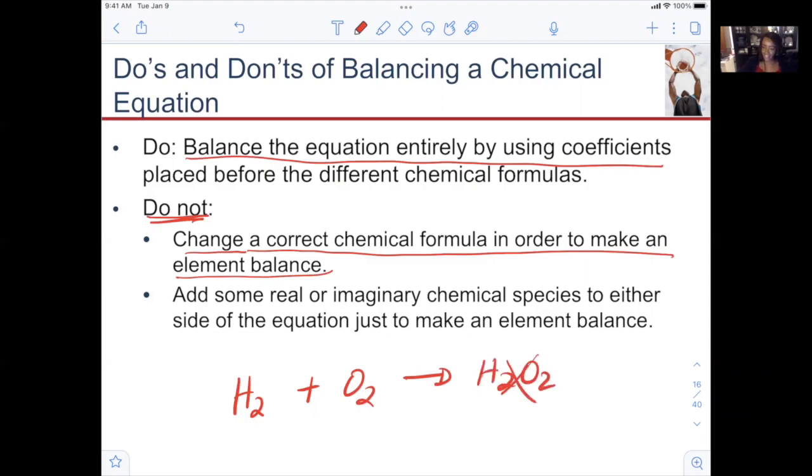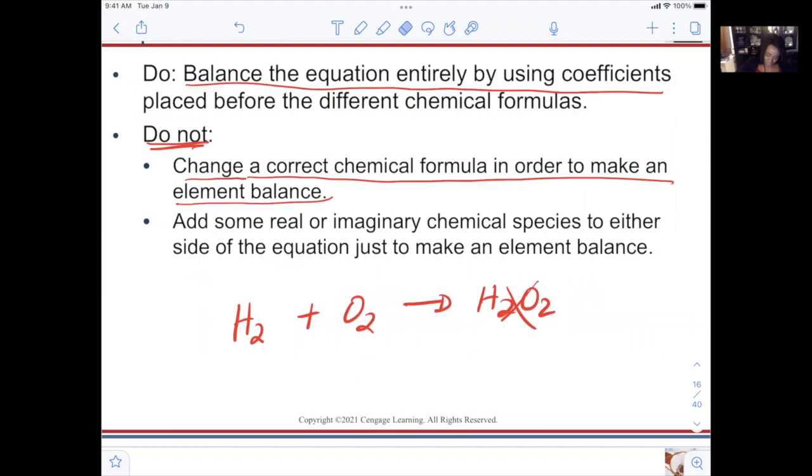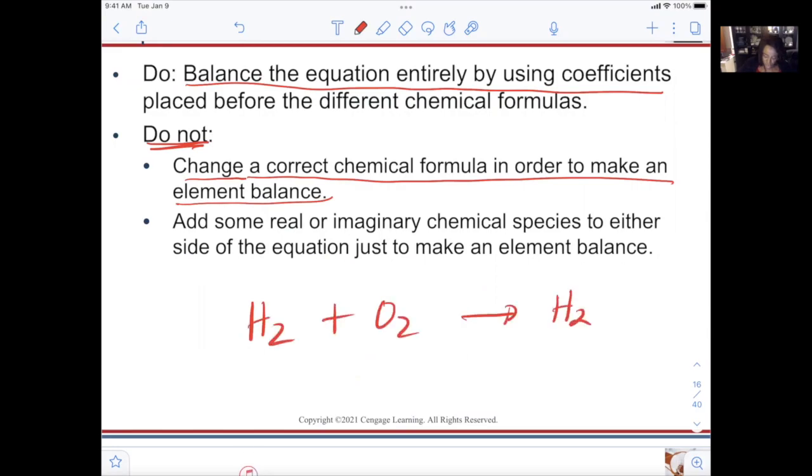You can't just squish them together. No, you can't. I did it already. So they form what they form, right? H2 plus O2 actually forms H2O, not hydrogen peroxide.